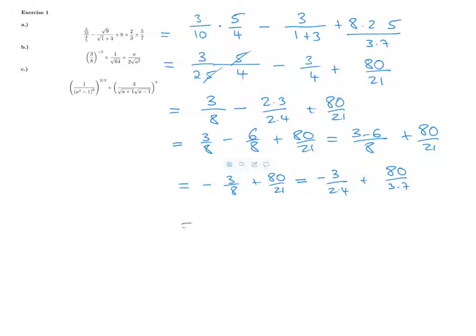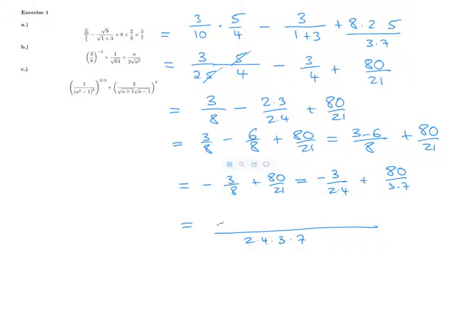So what we could do is we could make a common denominator of 2 times 4 times 3 times 7, which means we have to extend this fraction here. So if we multiply the numerator and the denominator by the same numbers, then it's still the same ratio, so I'm allowed to do this. So if I multiply the denominator here by 3 times 7, I have to do the same with the numerator here.